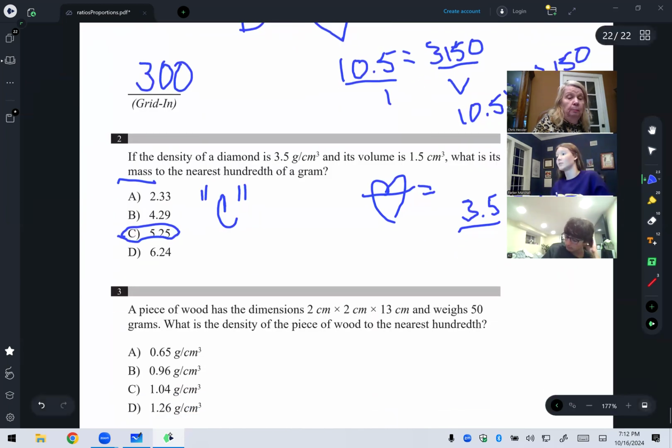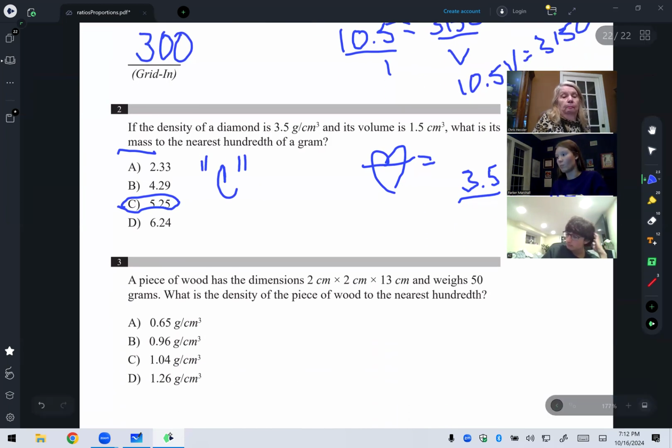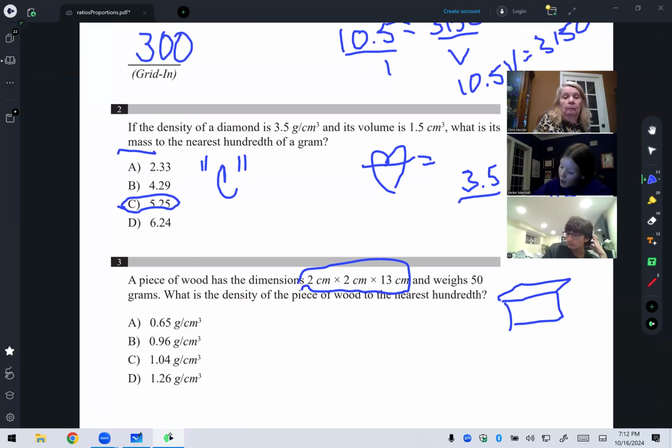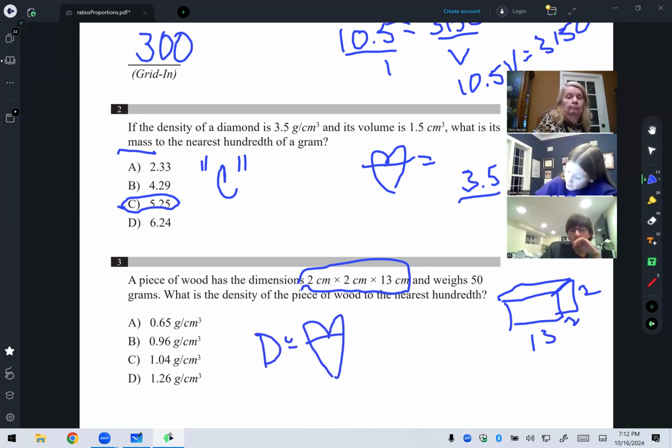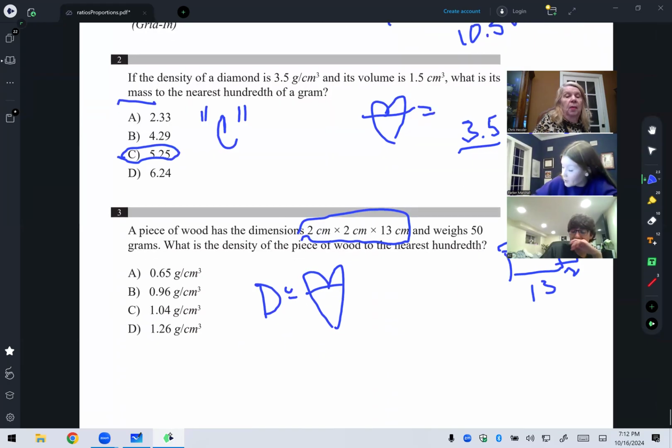And the last one, we have to figure out the volume because they don't give it. So we have a piece of wood. It's 13 by 2 by 2. So we know I love density. I know it's pretty corny. Density is mass over volume, so the mass is 50 grams.